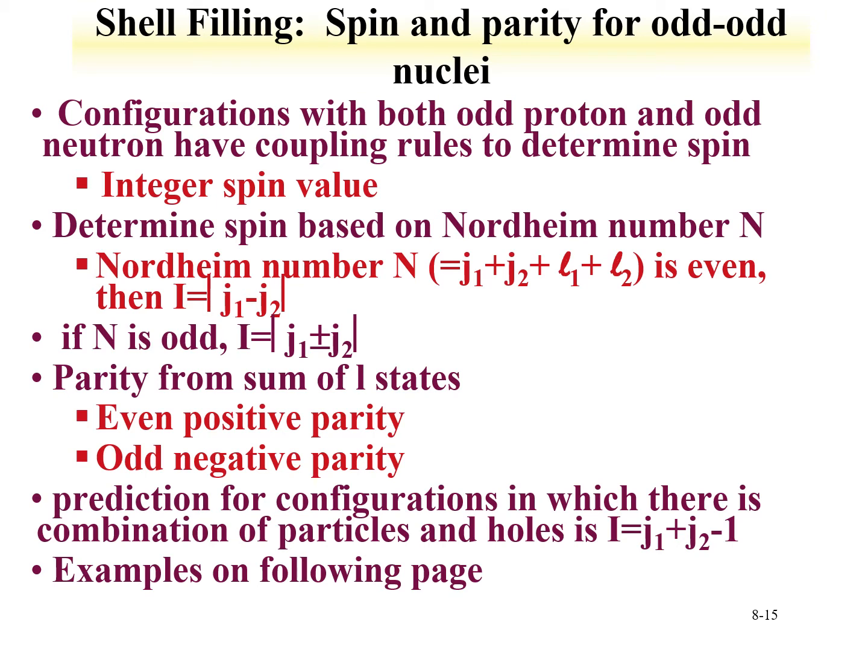If the Nordheim number is odd, we have two possibilities: either the absolute value of the sum or the absolute value of the difference of the spins of the two states occupied by the unpaired nucleons. The parity is from the sum of the angular momentum L states. If that sum is even, it's positive parity, and if it's odd, it's negative parity. We'll go over some examples to show how the Nordheim number works.